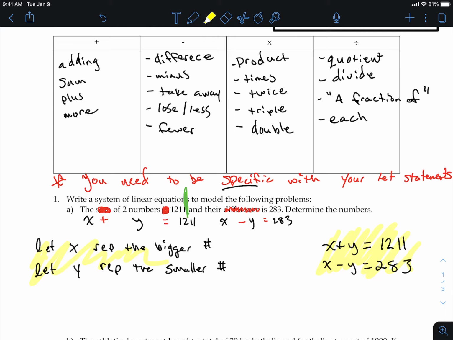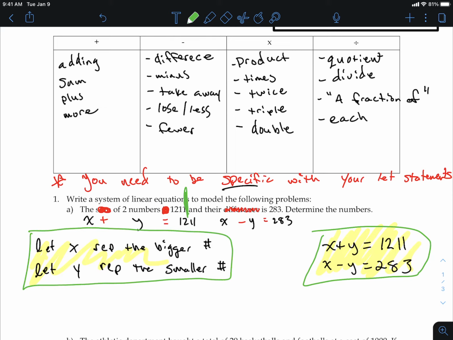Okay. Remember, just writing these two equations down doesn't mean anything. It's just a system of linear equations. It's your let statements that ultimately define what it is you're finding. I would still say the equations are a little bit more important because they allow you to do the whole question.